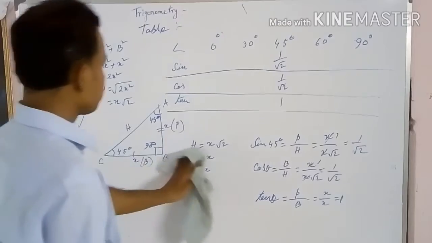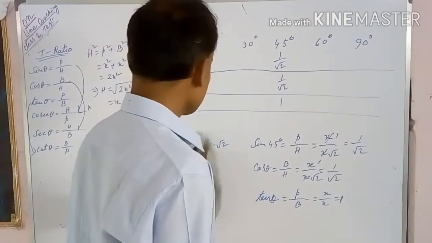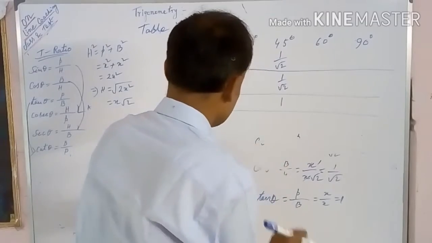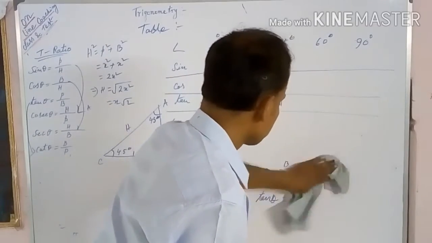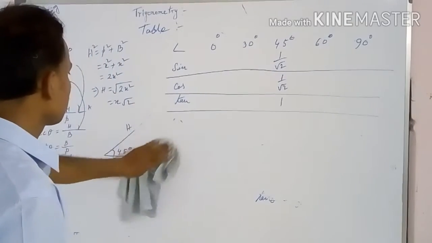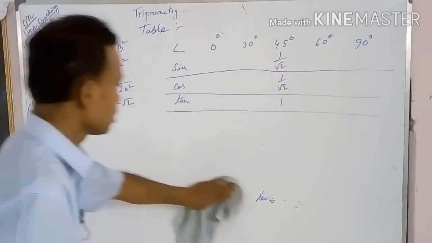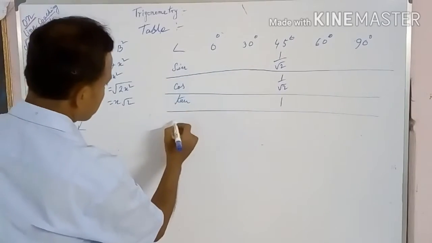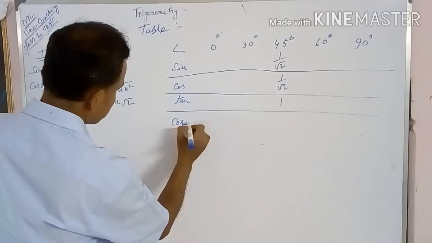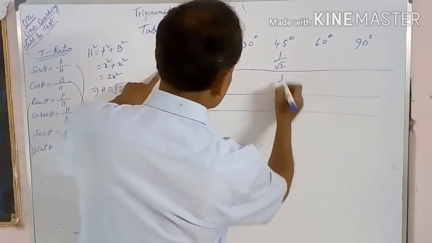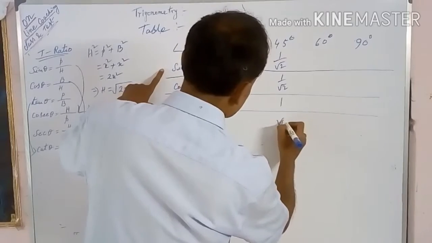We know that the reciprocal of sin theta is equal to cosec theta. Cosec 45 is equal to the reciprocal of 1 by root 2, which is root 2.